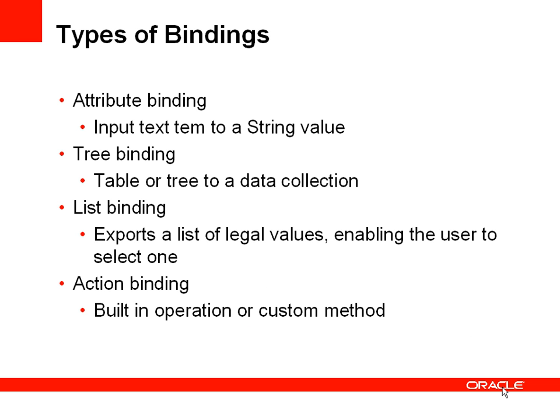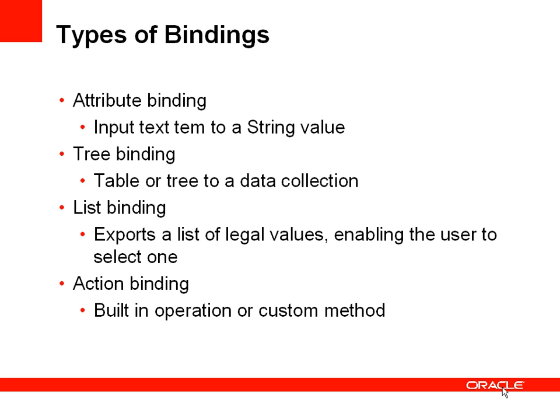As we touched on earlier, there are various types of bindings, and the reason there are different types of bindings is because different UI components require data in slightly different ways. As I mentioned before, an attribute binding would typically be used if you want a single input text field to be bound to a string value.